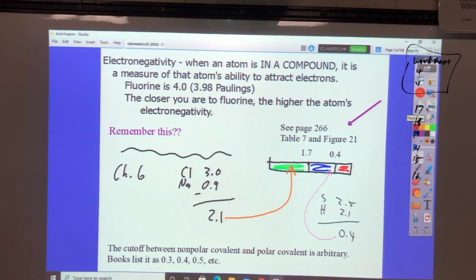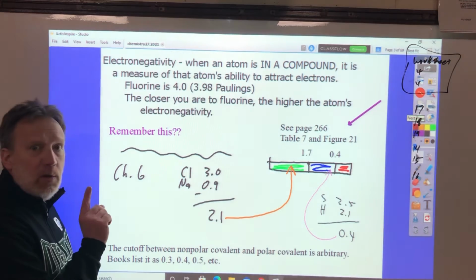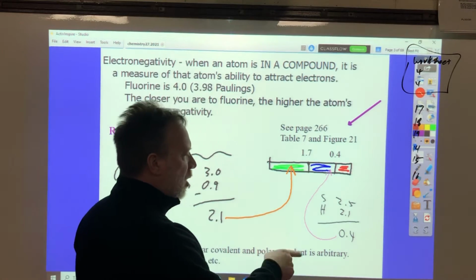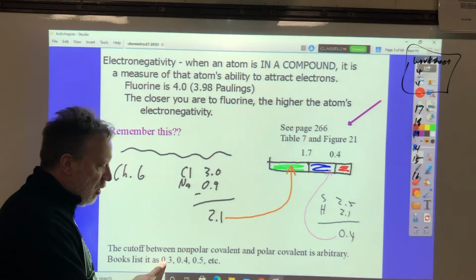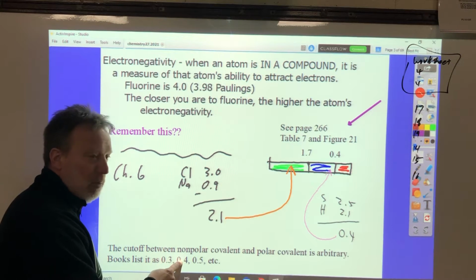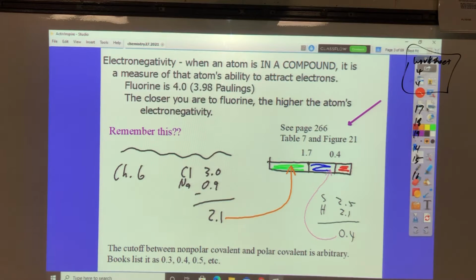I want to mention this too, because this is in the organic chemistry book, and it's true, that the cutoff between nonpolar covalent and polar covalent is arbitrary. I have seen books where it was 0.3. This book is 0.4. I think the organic chemistry book is 0.5.